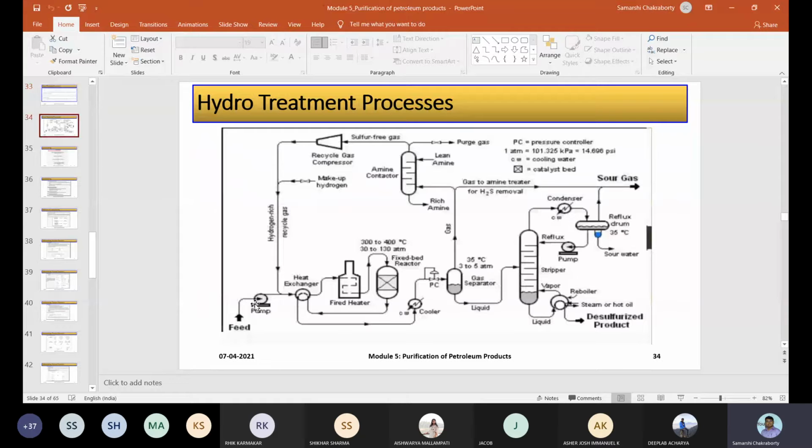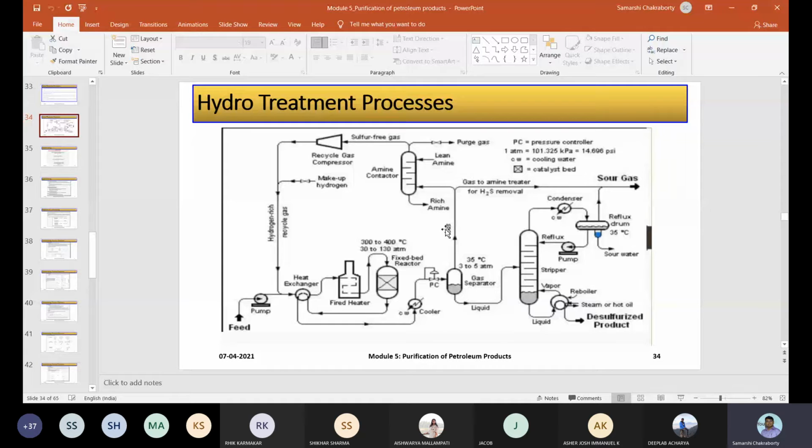So you can see here your feed is entering, and through this channel your recycled hydrogen gas is entering. Either you can compress fresh hydrogen from other resources, or use whatever hydrogen you get from your gas separator, because it is not 100% sure that you are able to utilize all the hydrogen to remove the sulfur.